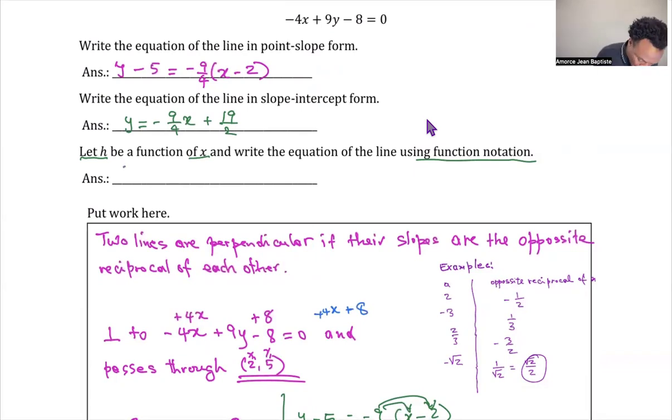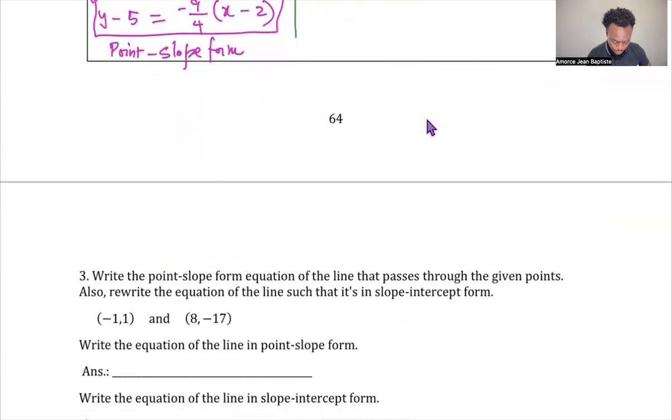So I'm going to call it h of x equals negative 9 over 4x plus 19 over 2. So that's the function notation. Let's go to our next example.